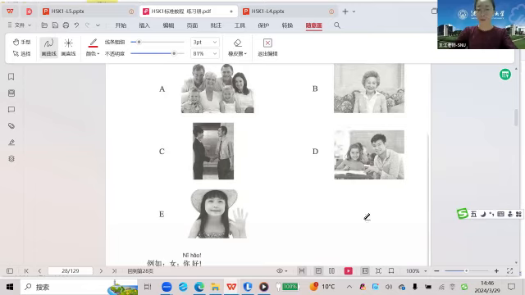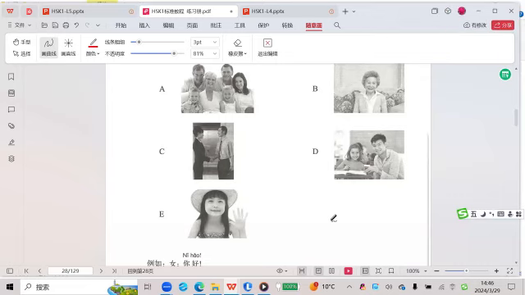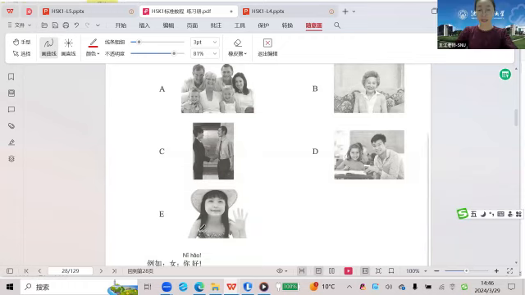Rashid Mahmood, what is your option? Dialogue 5. Which one? Choose one of the pictures.